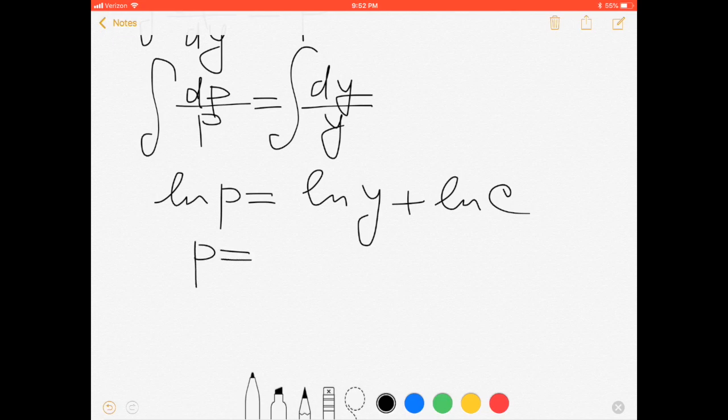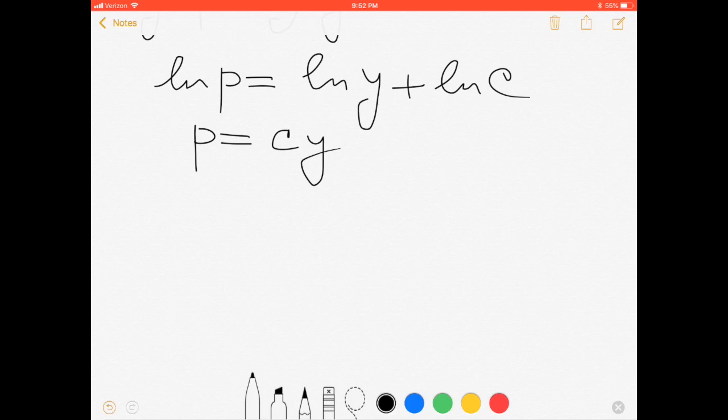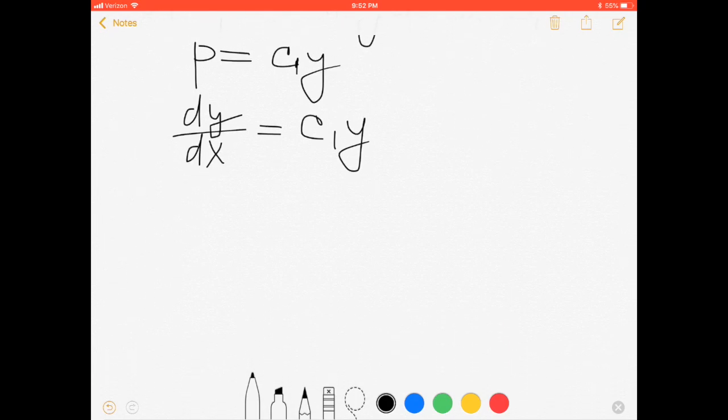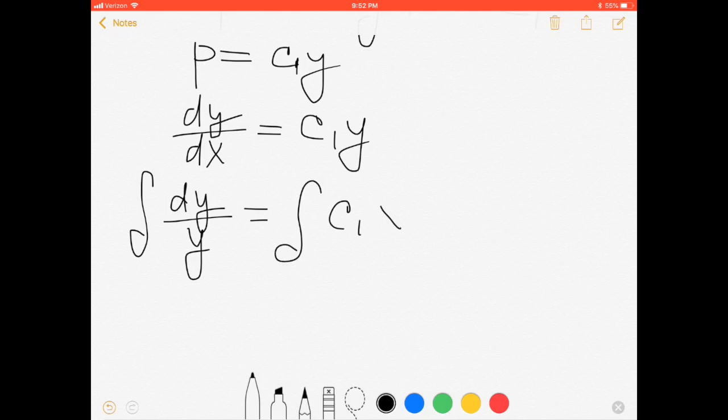Using the logarithm identity, this gives me c y. Okay, and here I have one more time c1. Here I have dy/dx equal c1 y. This means I have dy over y equal c1 dx.